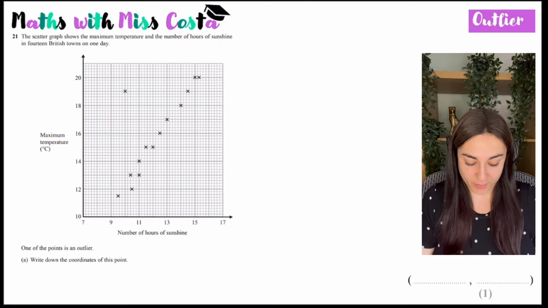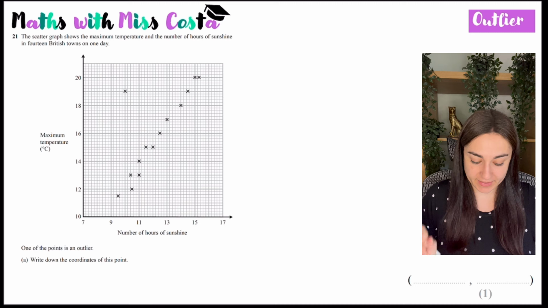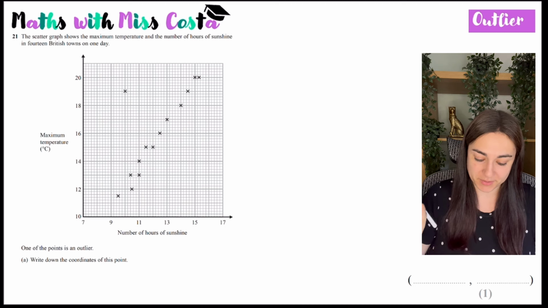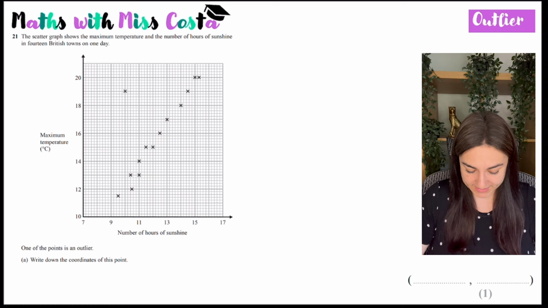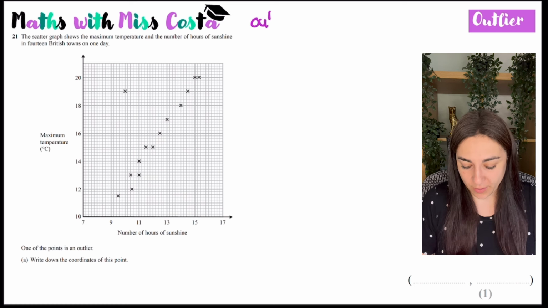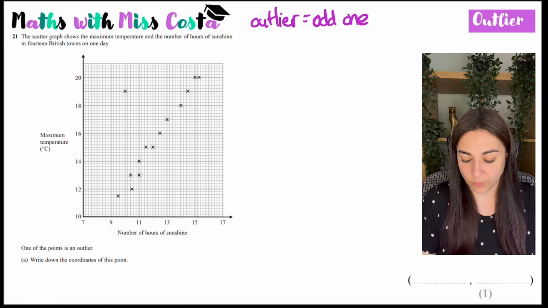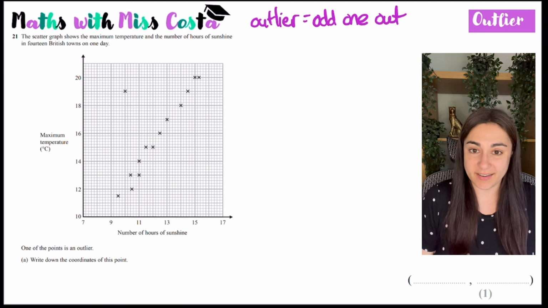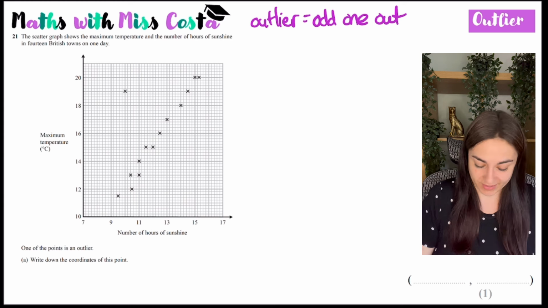So in this question, I'm told that the scatter graph shows the minimum temperature, the maximum temperature, and the number of hours of sunshine in 14 British towns on one day, and that one of the points is an outlier. Outlier is like thinking about which one is the odd one out. What piece of data doesn't fit with the general trend of everything else?